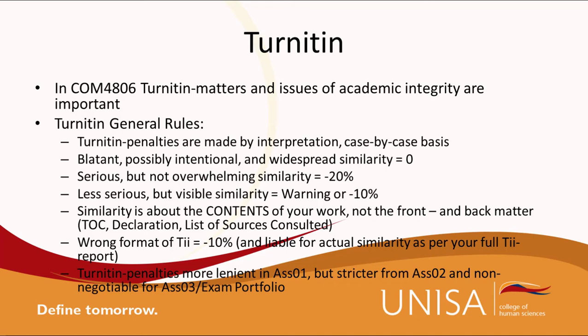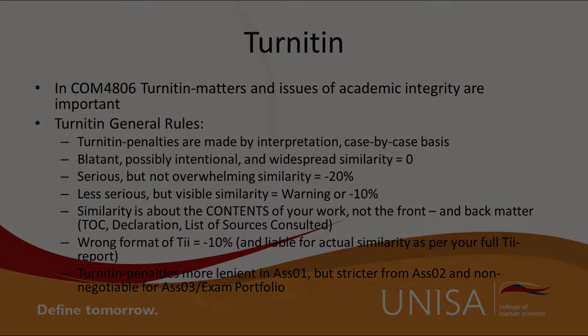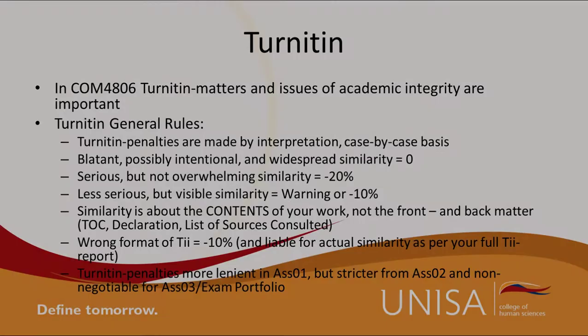Also, a low percentage doesn't mean you are safe, because you can be suspected of plagiarism or being dishonest even if you have a low similarity index. And you can be penalized for those things even if you have a low index. So a low index doesn't keep you safe. A high index doesn't automatically mean you'll be penalized.